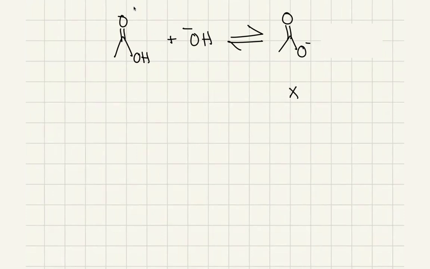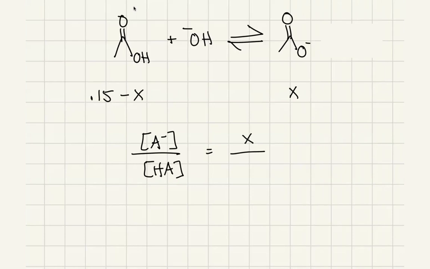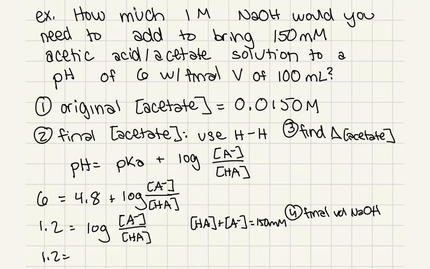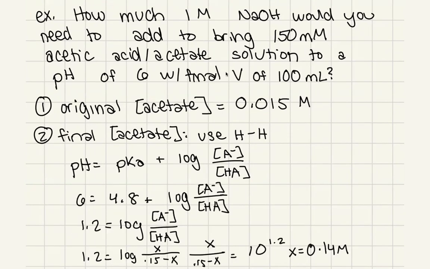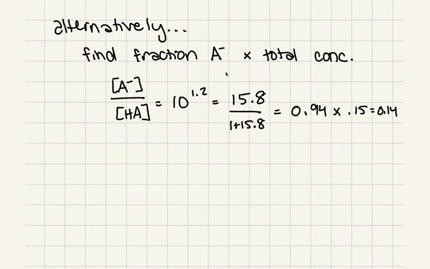So if we think about our acetate concentration as X, well, our acetic acid concentration has to be 0.15 minus X. And so now if we're looking for A minus over HA, we can think about that as X divided by 0.15 minus X. And so now we can go ahead and plug that in. 1.2 equals log of X divided by 0.15 minus X. And we end up with a number that's about 0.141 molar.